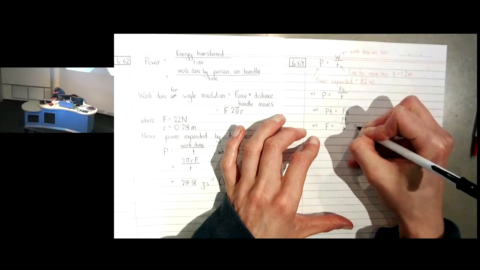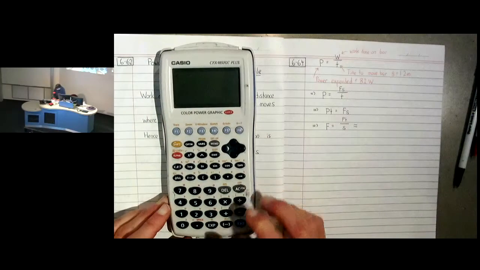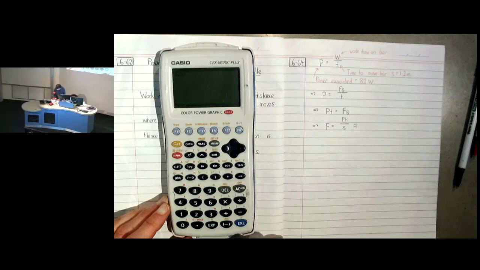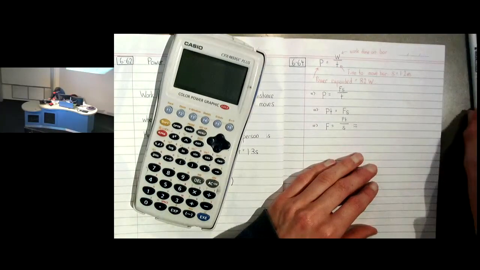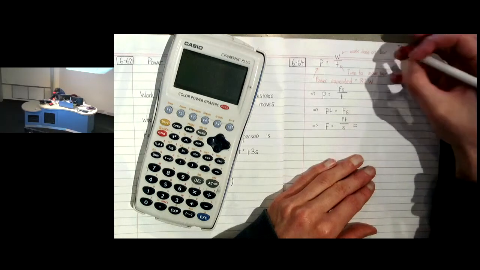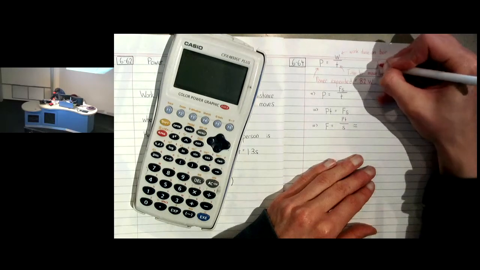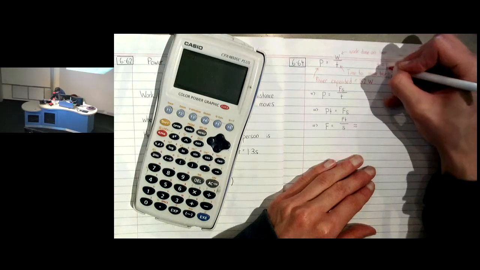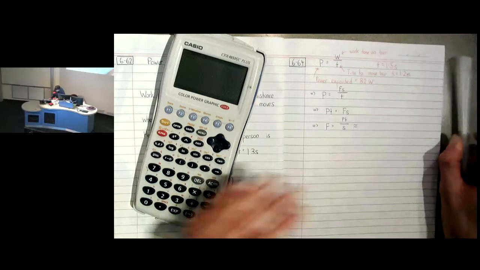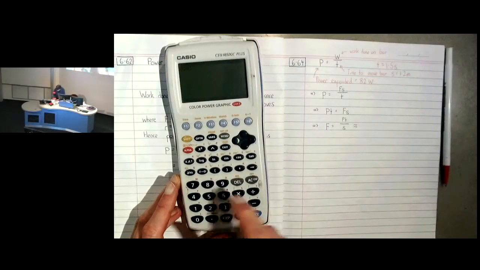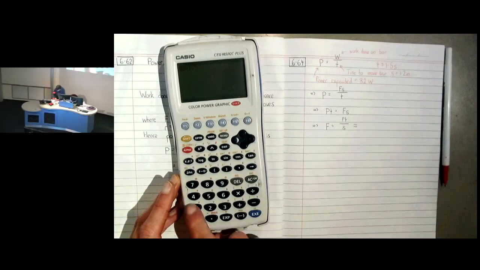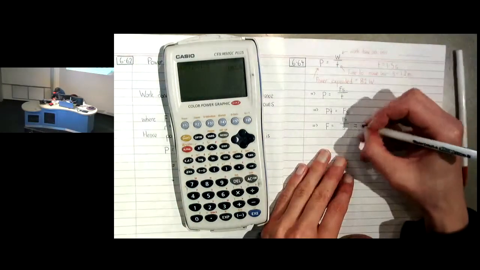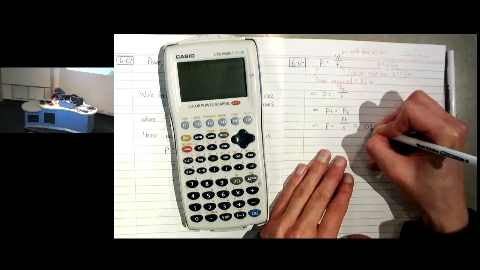So that force comes out to be 82 watts times the time, which in this case is 1.5 seconds. So we're going to have 82 times 1.5 divided by 1.2, which gives us that I'm exerting a force of 102.5 newtons.